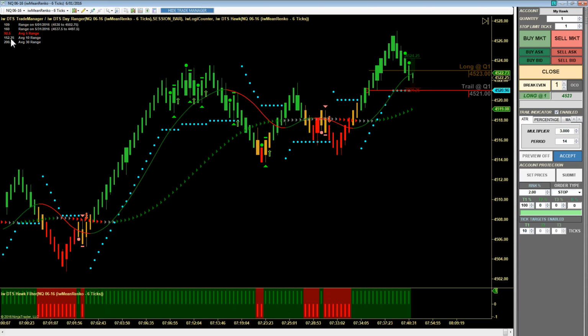And you can see that as far as the 5-day range, we're currently above the 5-day range, but notice how the range has been contracting. Our 30-day range was 200 ticks, our 10-day range just over 150, and our 5-day range around 92. So that tells us that the market is actually starting to contract.